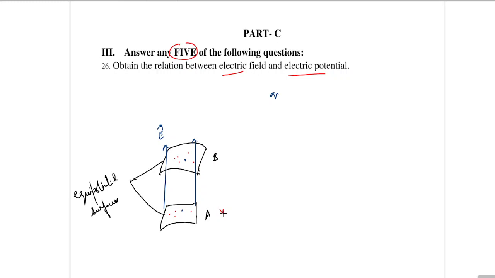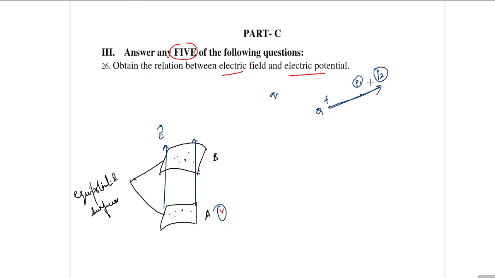Now, if the potential on the surface A is V, then we learned in the first chapter that if you have a positive point charge, say a charge capital Q, and you look at points P1 and P2, the electric field from the charge Q goes out radially because it is a positive charge.